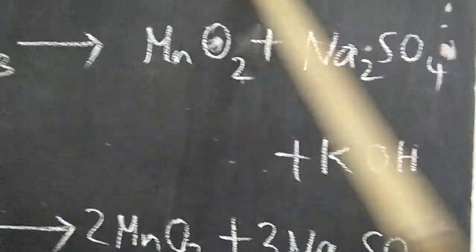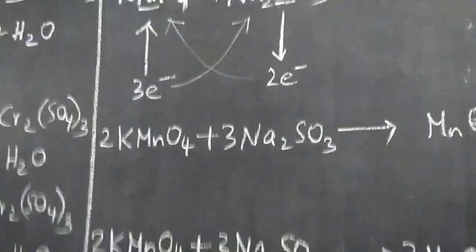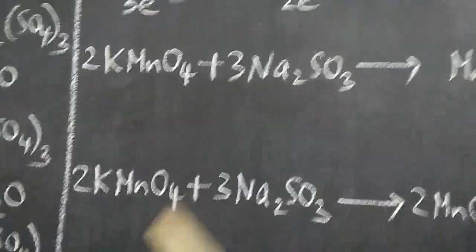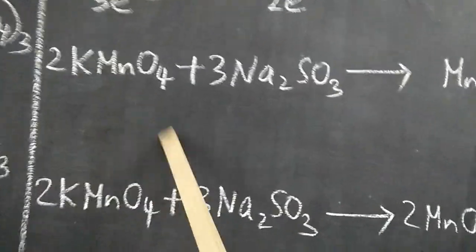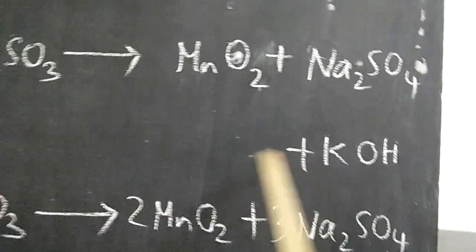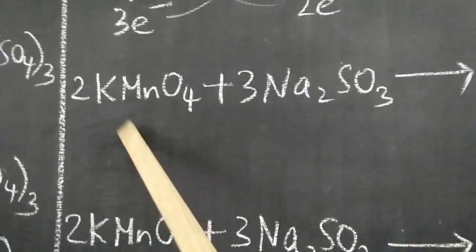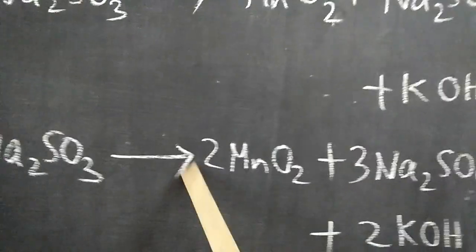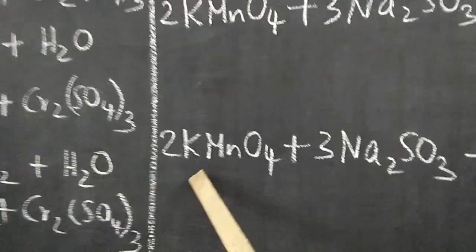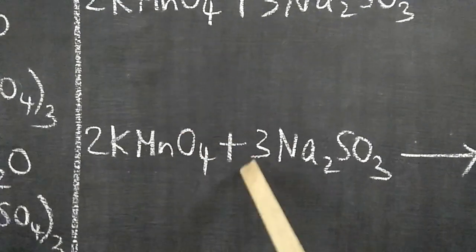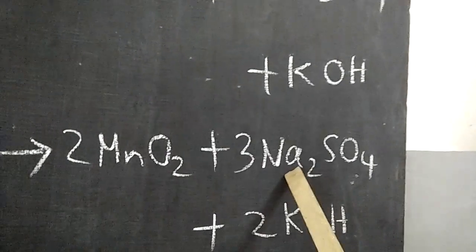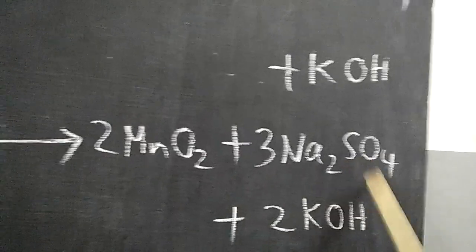I am not balancing the product side initially. First I have just cross multiplied as given in the second step, and then balance the product side. See here 2K is there, and here I am balancing it. Here 2 Mn is there, I am balancing it for MnO2, I put 2 MnO2, and here 3 Na2 is there, so same thing I am doing, 3 Na2SO4.